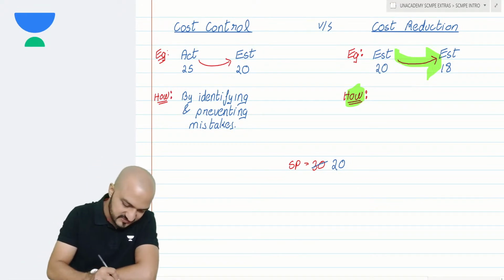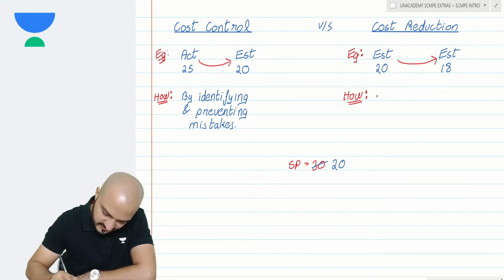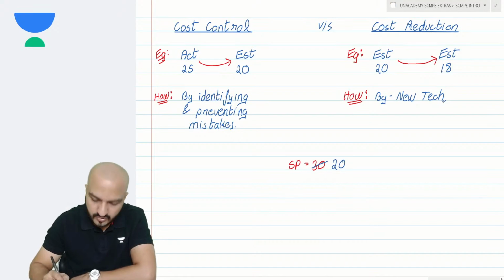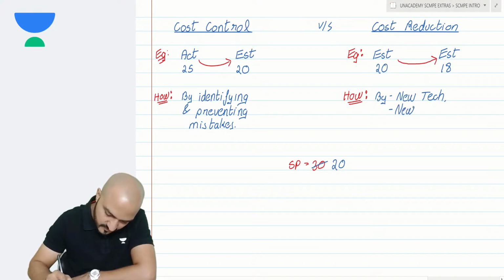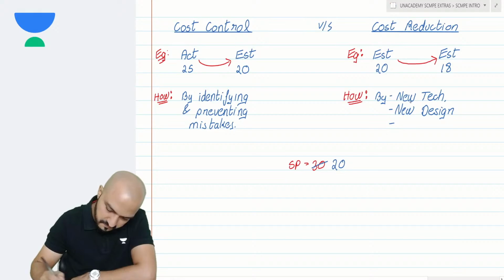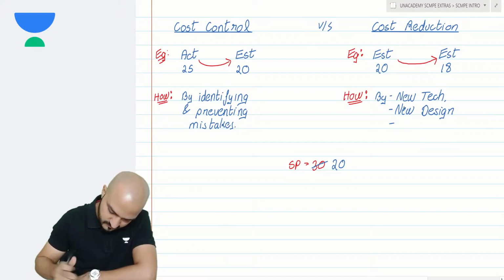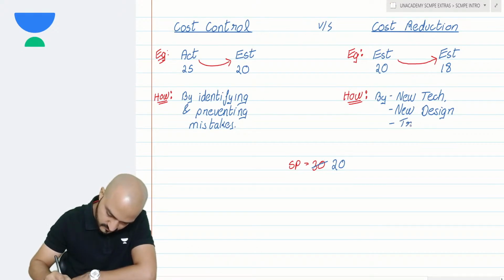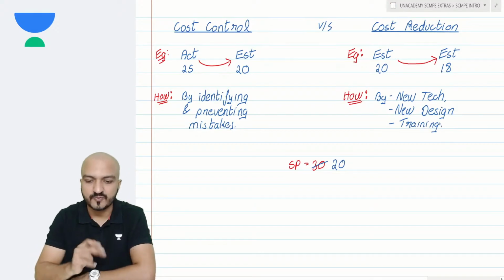Well, to do this decrease, maybe by implementing new technology, or by implementing, say, a new design, or, for example, by training the workers to perform well.